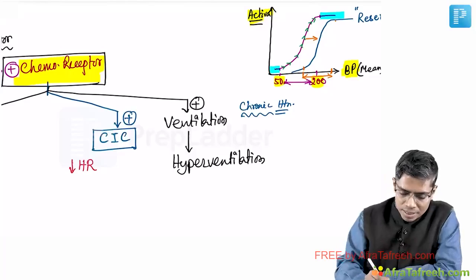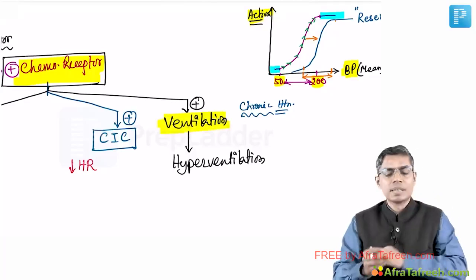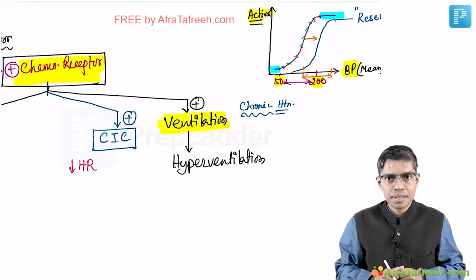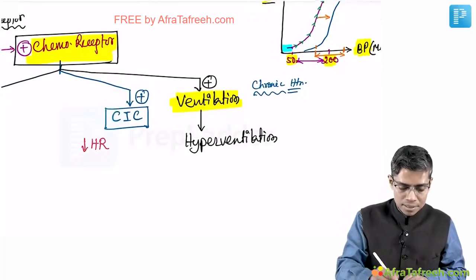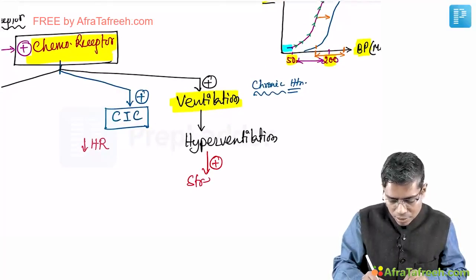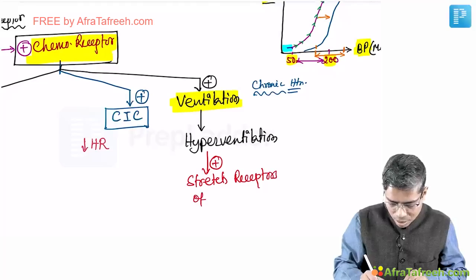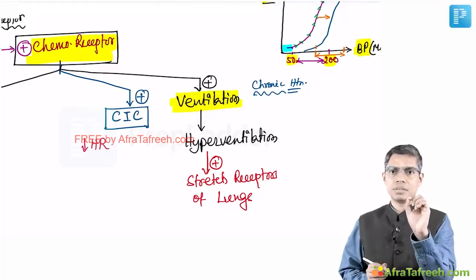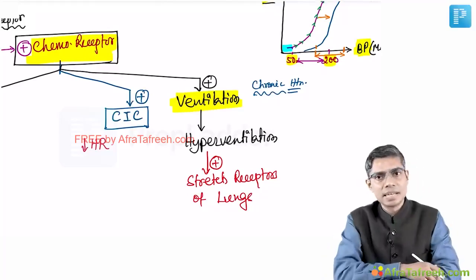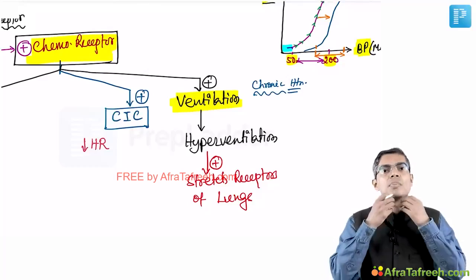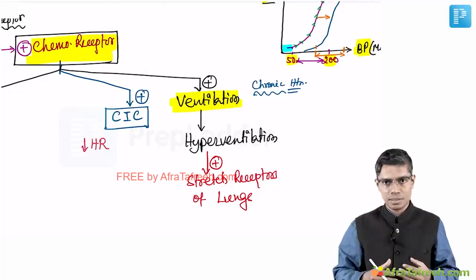But whenever there is hyperventilation, the lung is expanding and recoiling at a high level. Hyperventilation causes stimulation of stretch receptors of the lungs. Details of this stretch receptor will be discussed in respiratory regulation again, but just for the timing, remember, stretch receptors of the lung are located at the level of bronchi and bronchial smooth muscles.